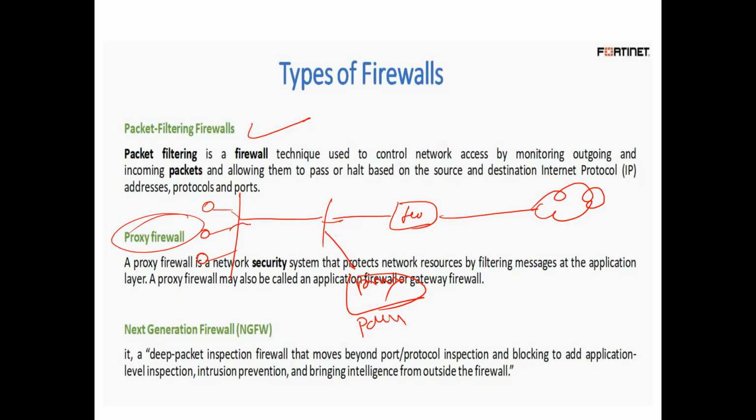Whenever the traffic comes, it comes to the switch and from the switch to the proxy server, and the proxy server checks whether the policies allow or deny the traffic for this particular destination or source. If it is allowed, it sends the traffic to the gateway, and the gateway sends it to the internet. Vice versa, the traffic comes back from the internet to the firewall, the firewall to the switch, then to the proxy server, and the proxy server replies to that particular user.